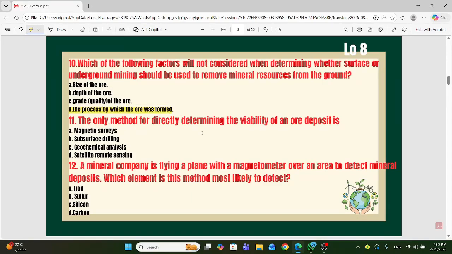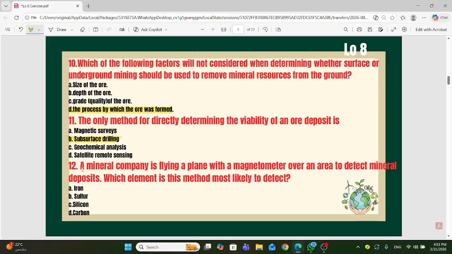The only method for directly determining the viability of an ore deposit is magnetic survey ولا subsurface drilling ولا geochemical analysis ولا satellite remote sensing؟ لا subsurface drilling.